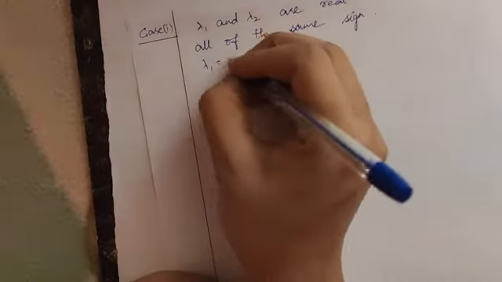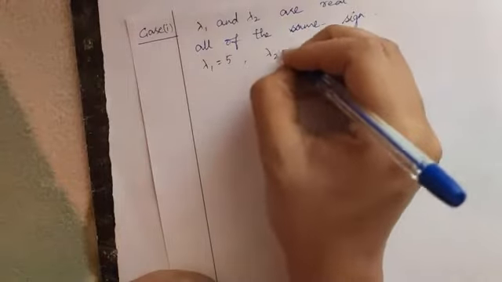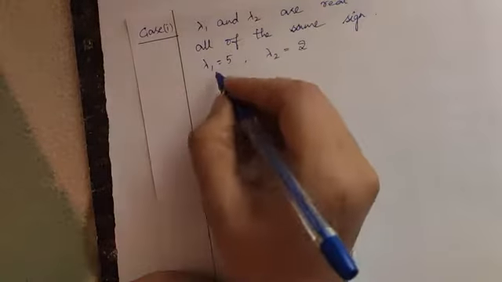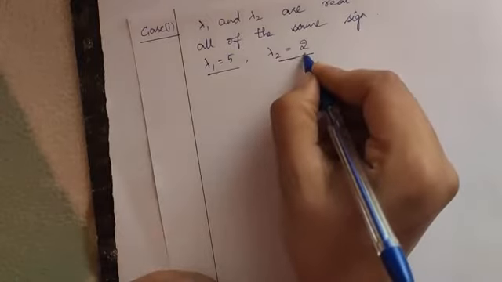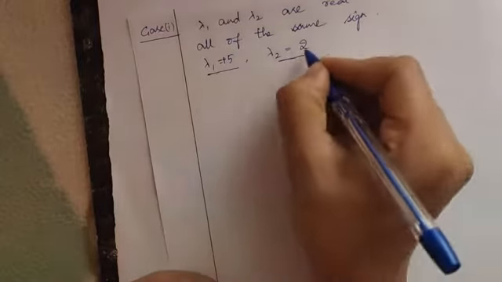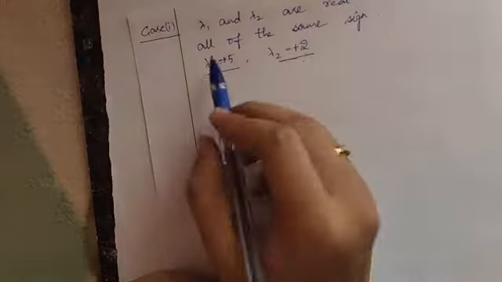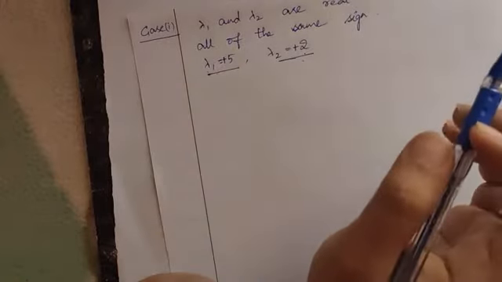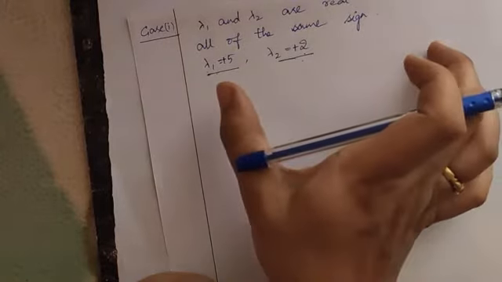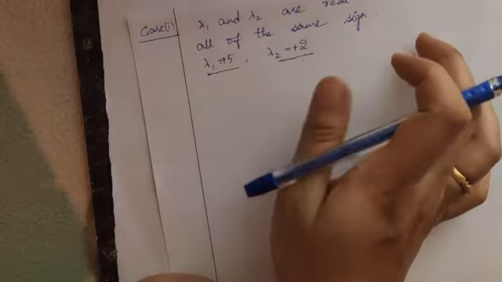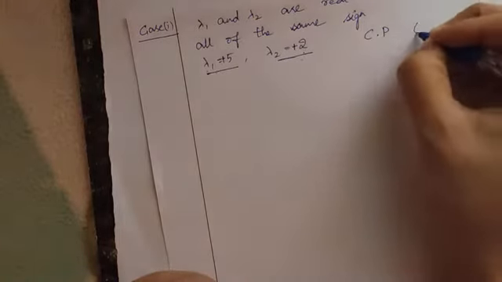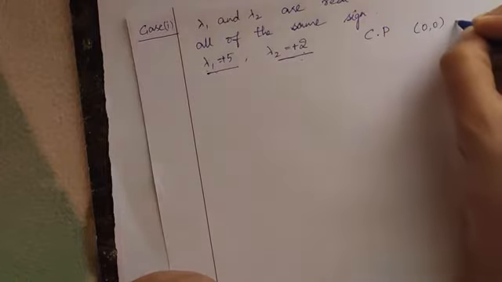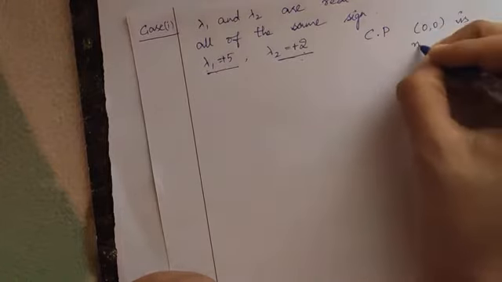If lambda 1 is equal to 5 and lambda 2 is equal to 2, you can observe here these two are real and distinct with the same sign. That is, for both the eigenvalues the sign is plus, right? If this is the case, then we call the critical point 0 comma 0 a node.